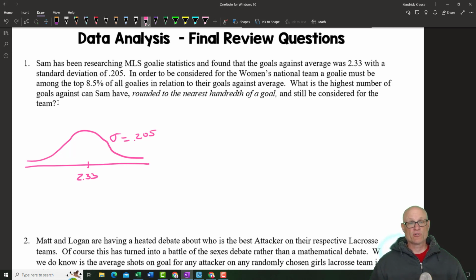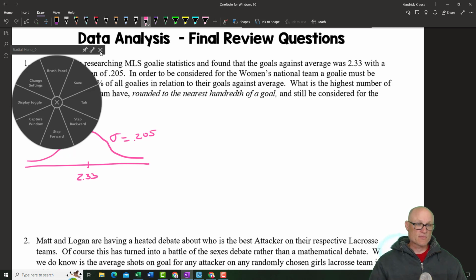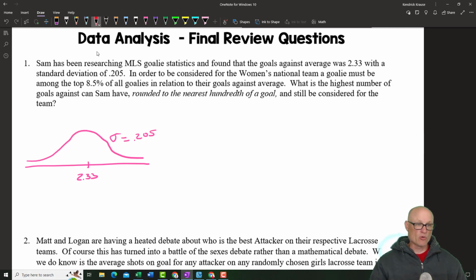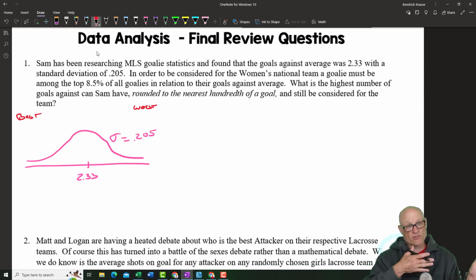Now, for those of you that are struggling with a little bit of sports knowledge, less goals is better. So fewer goals, the better goalies are down here. This is where the best is, and this is where the worst is. So this is kind of like a race question where best is on the left, worst is on the right.